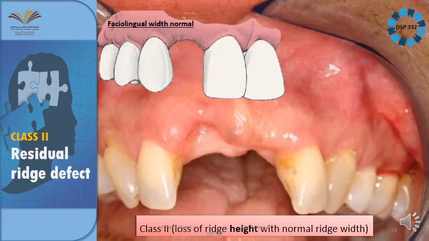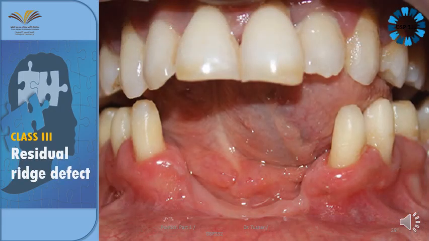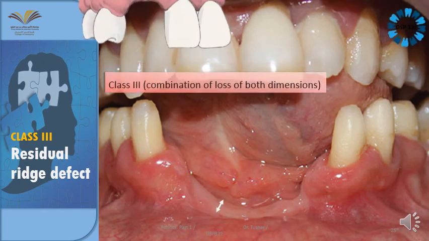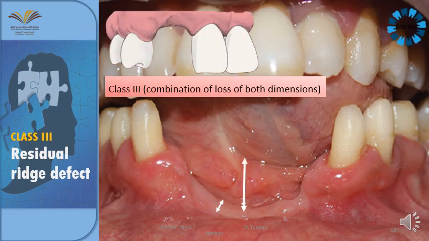So that is your class 2 ridge defect. Then we have the class 3 ridge defect, which is a combination of 1 and 2, as you can see in this picture. The height is compromised, the width is compromised, and everything is compromised. So it is a combination of class 1 and class 2. So this is clear? Clear. Good.